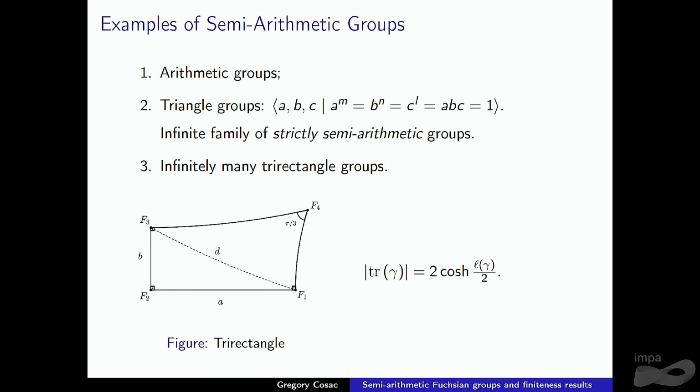And Takeuchi proved in the 70s, 76 or 77, that only finitely many of those can be arithmetic. So almost all of them are strictly semi-arithmetic, meaning they're semi-arithmetic, non-arithmetic groups. So this shows that the class of semi-arithmetic groups is actually strictly larger than the class of arithmetic groups, right?